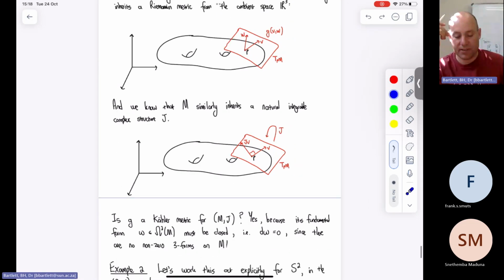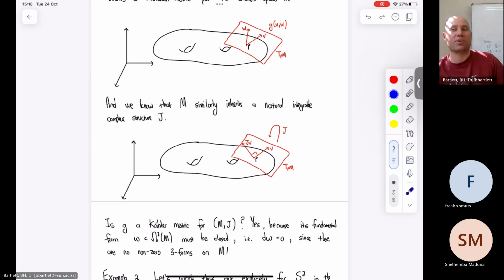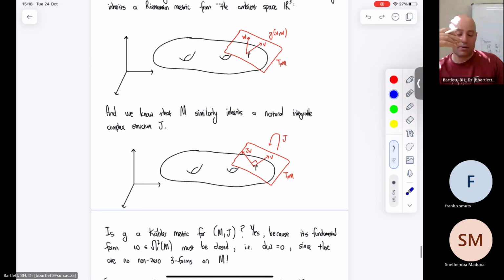So there we go. Every 1-dimensional complex manifold can be equipped with a Kähler metric, but in particular, if the manifold arises as the complex manifold associated to an embedded surface in R3, then everything can be thought of very geometrically. It's just the underlying Riemannian metric, the ambient metric, and the ambient complex structure.